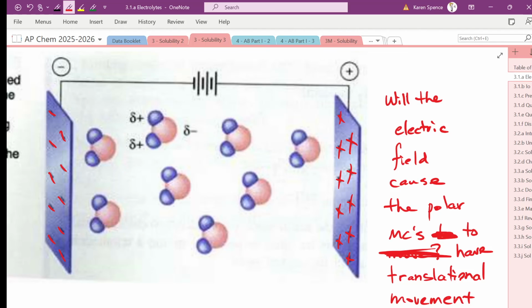It's being pulled equally. This negative is being attracted to this positive, so we get a pull this way. Yes? Yeah, but that would mean that all the water molecules would have to end up in the middle.